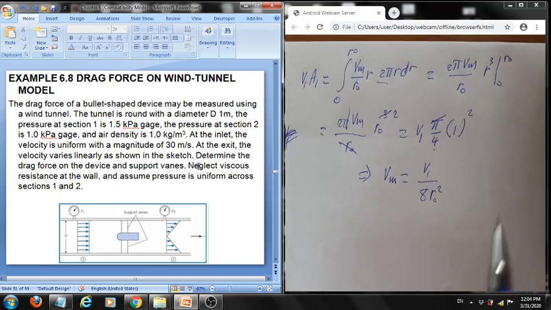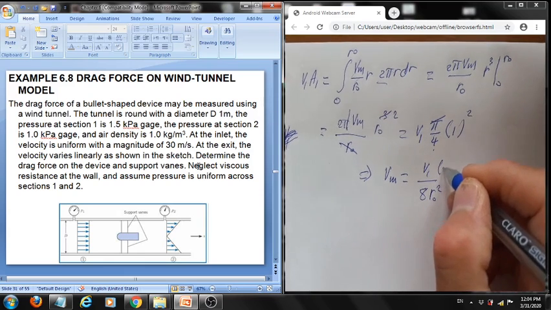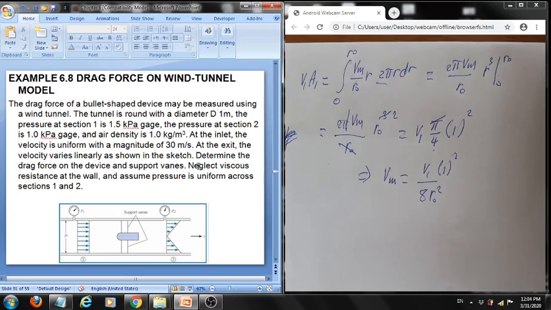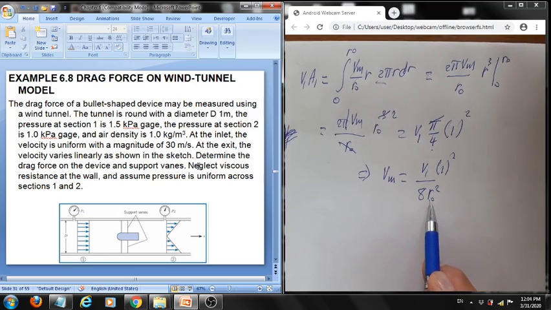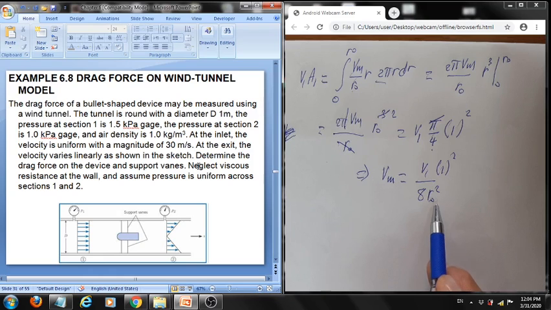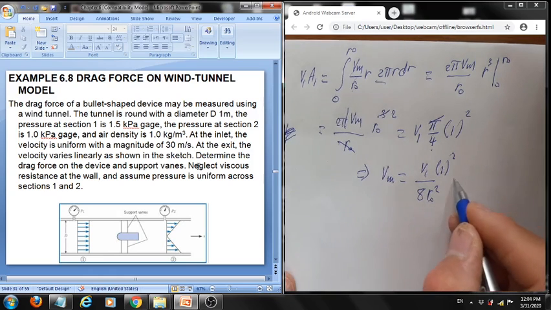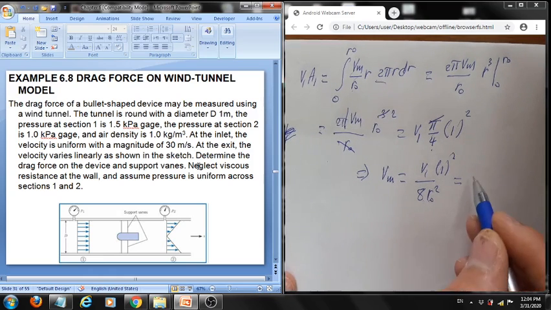Okay, of course multiply by 1 squared. Okay, where r naught is 0.5, which is half of the diameter. Okay, 0.5 squared, so that means it's 1 over 4, so that means V1 over 2.